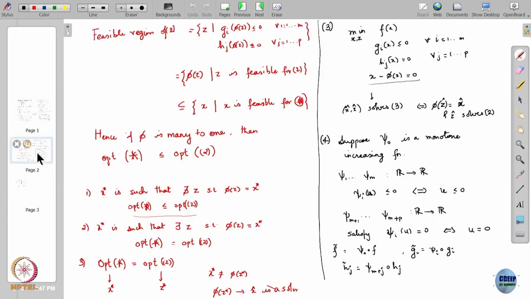And if you see my condition on these psi i's for i from 1 to m, the condition is simply that psi i of u is less than or equal to 0 if and only if u is less than or equal to 0.